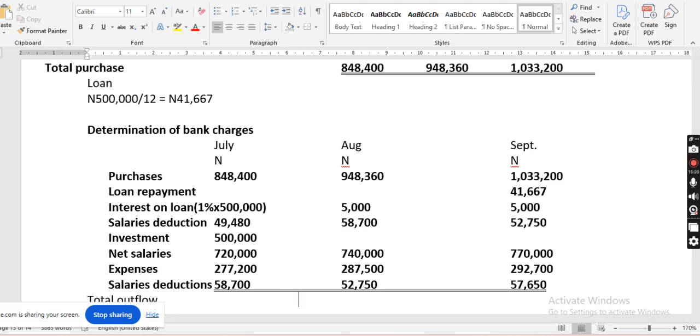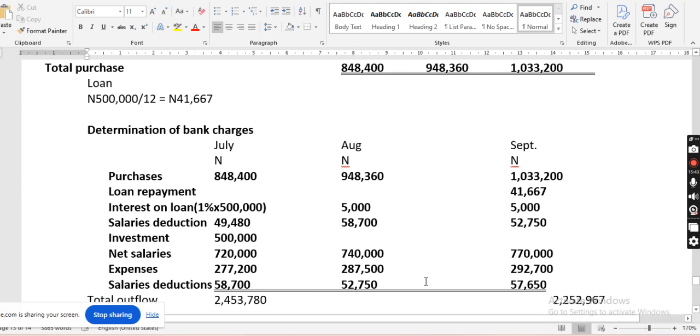For September, 2,252,967. Next, for July, 2,453,780.